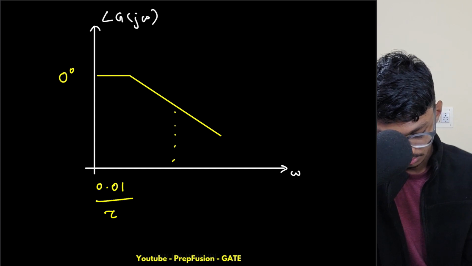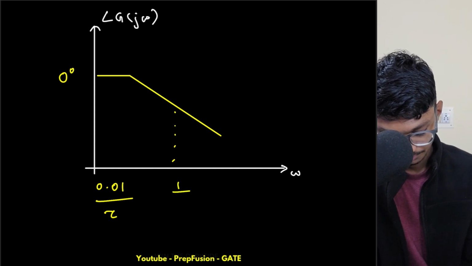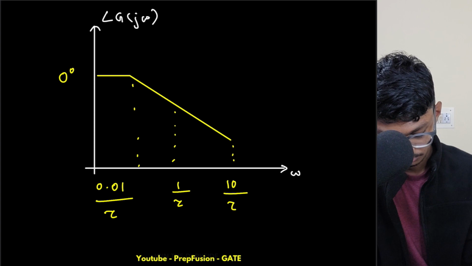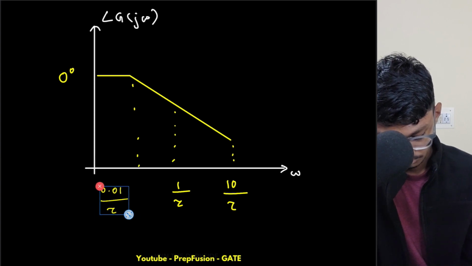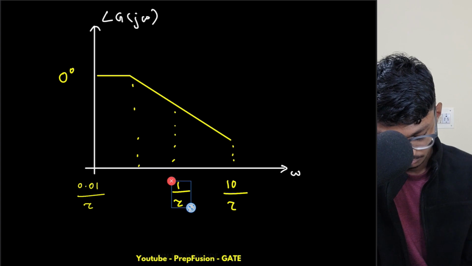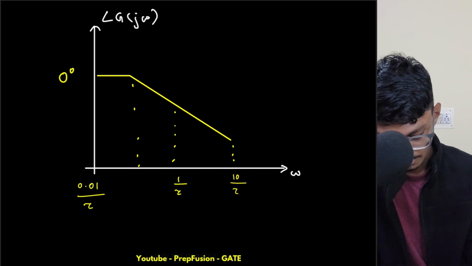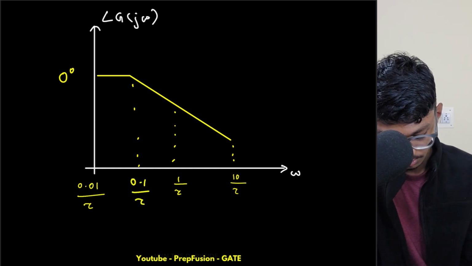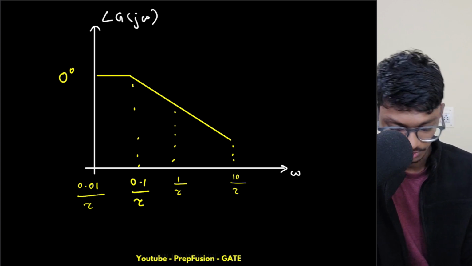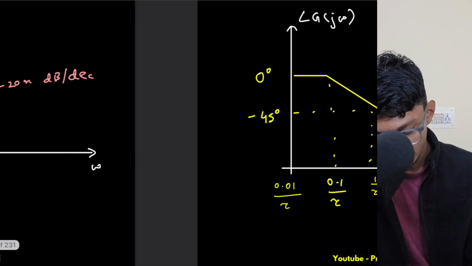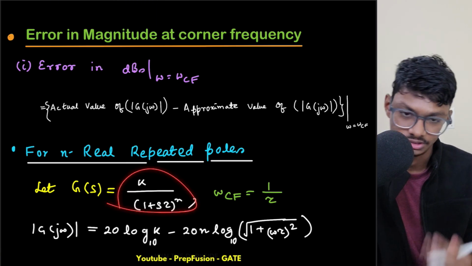This is 1 by tau, this is 10 by tau, this is 0.1 by tau. So this is minus 45, and let's put this expression here.